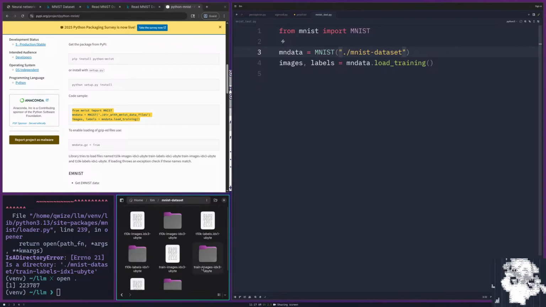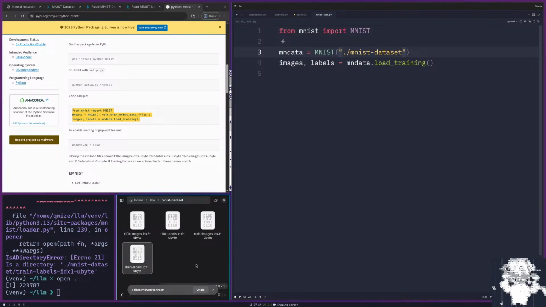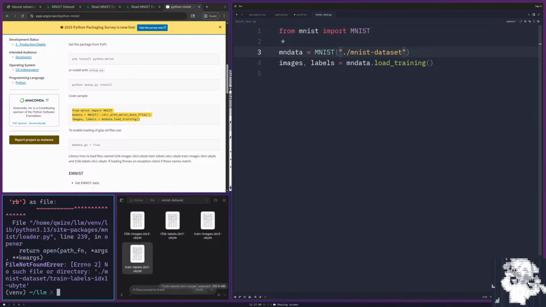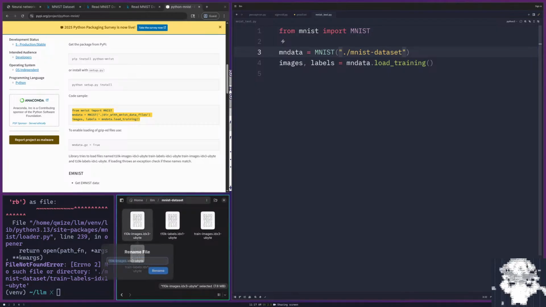I don't know why it extracted like this. What if I just delete the directories? File not found. Train dash labels dash idx1 dash ubyte. What if I give them dashes?